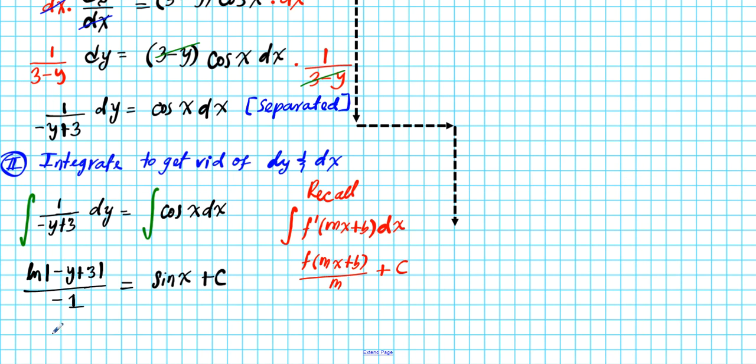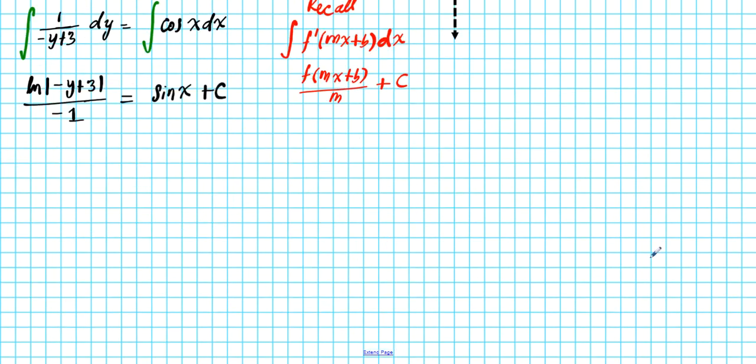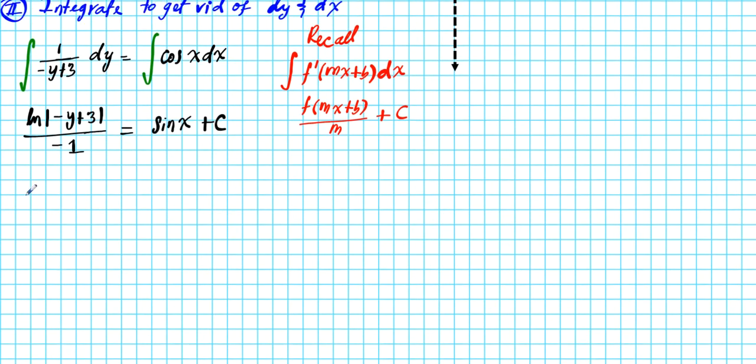Let's rewrite this to make it pretty. So we're going to have negative natural logarithm of the absolute value of negative y plus 3 equals sine x plus c. Let's call this equation number 1. Now, what is this?